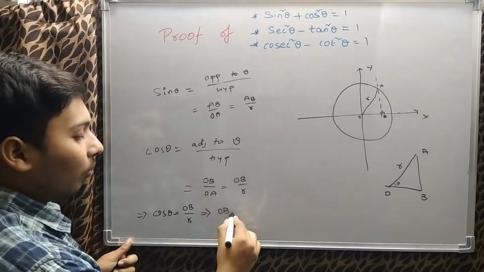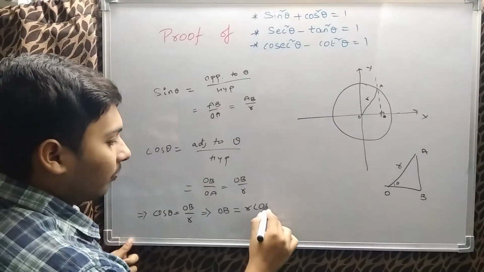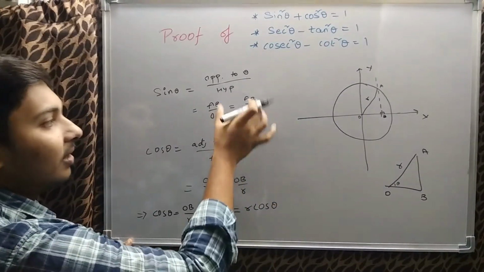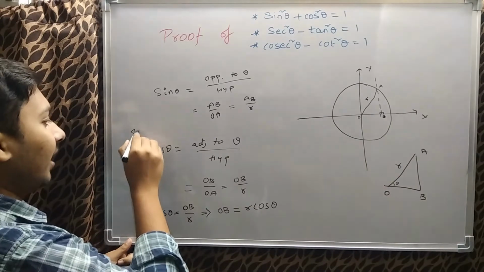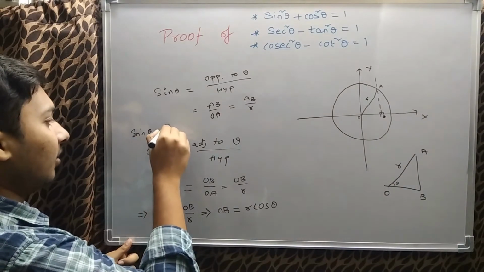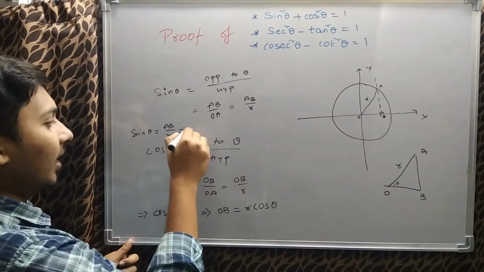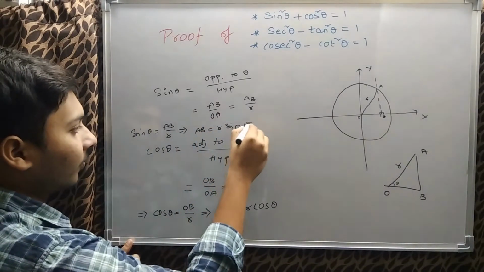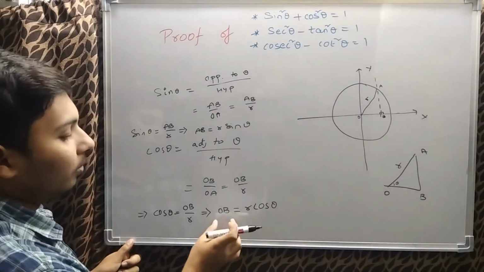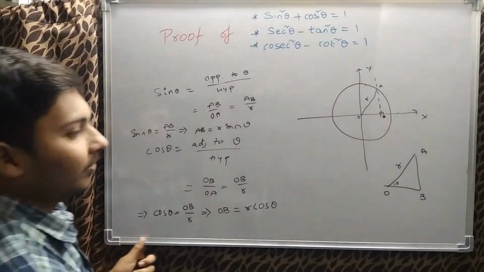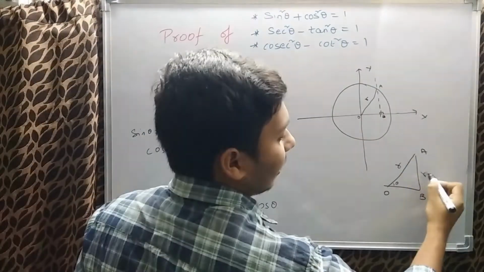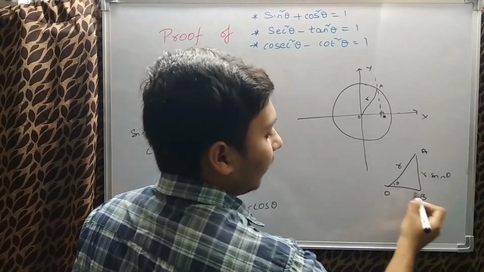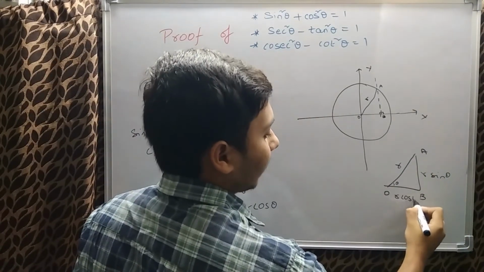From this the value of OB is r cos theta, and the value of AB is r sin theta.